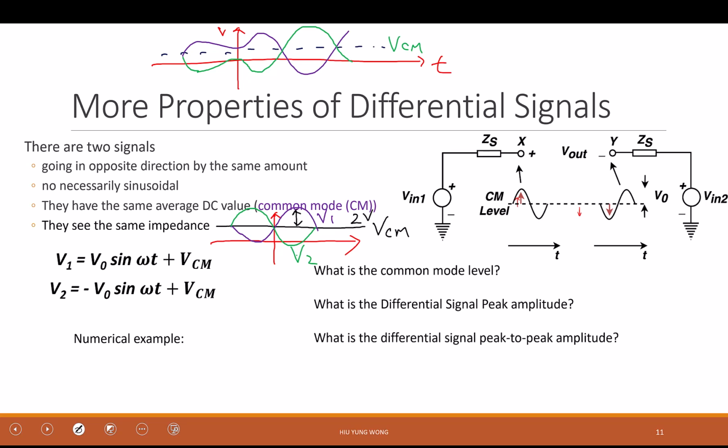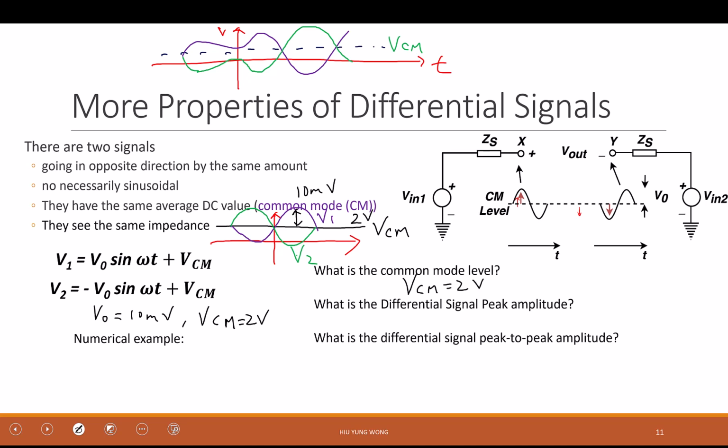Let's say V0 is 10 millivolts. What is the common mode of this circuit? 2 volts. Very straightforward, VCM equals 2 volts.